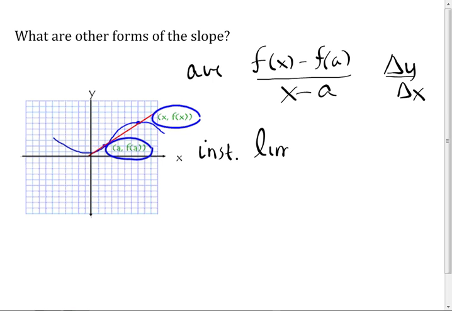Now it's a little bit different. It's f of x minus f of a all over x minus a. I'm going to take this point, and I'm going to drag it along the curve.